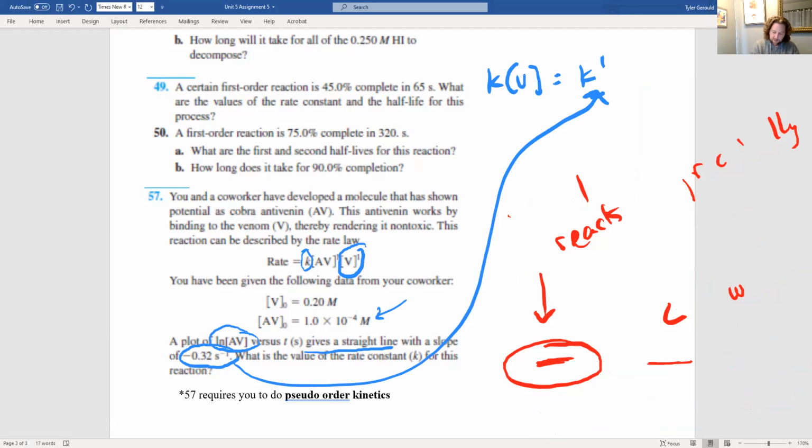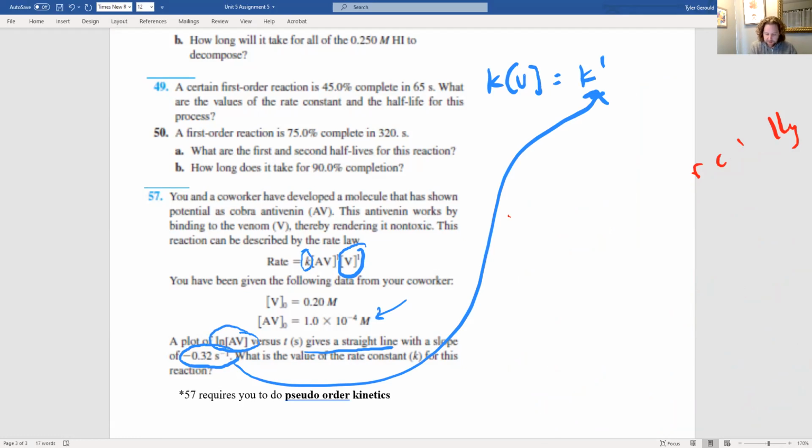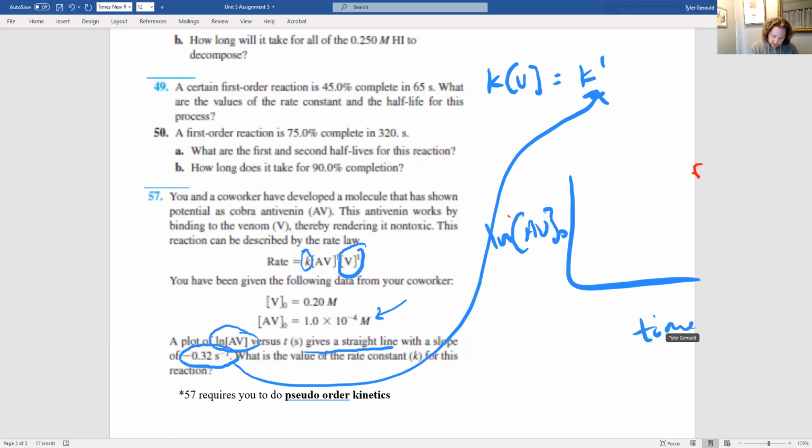So it's an assumption that we're making. So we're pretty much only focusing the reaction on the change in AV over time, or the natural log of AV over time. We get this slope.